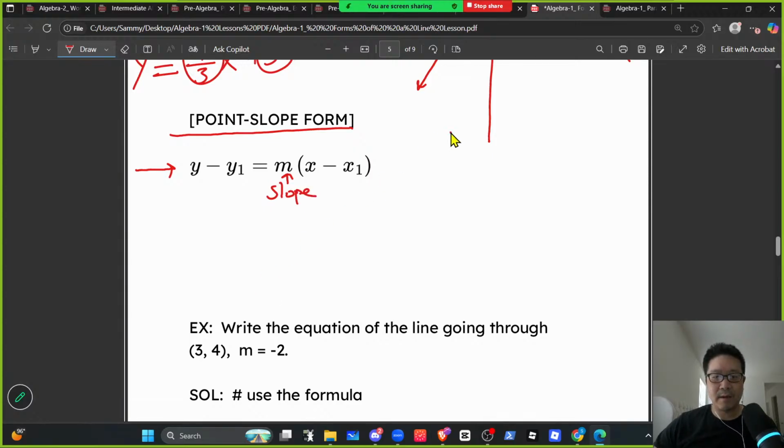And this is given a point. So we have x sub 1 and y sub 1 as a point that we've been given. So once you're given a slope and a point, we can simply use this equation to write out our equation in point slope form.